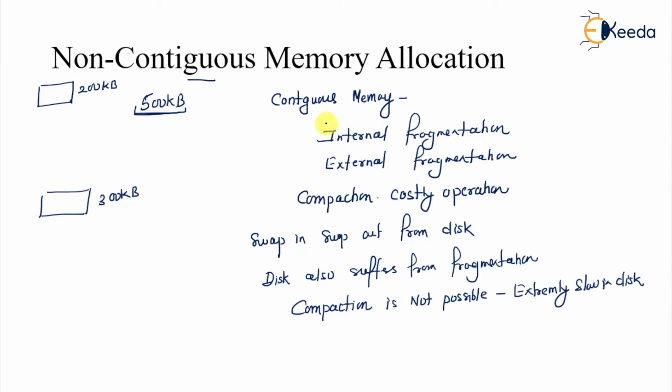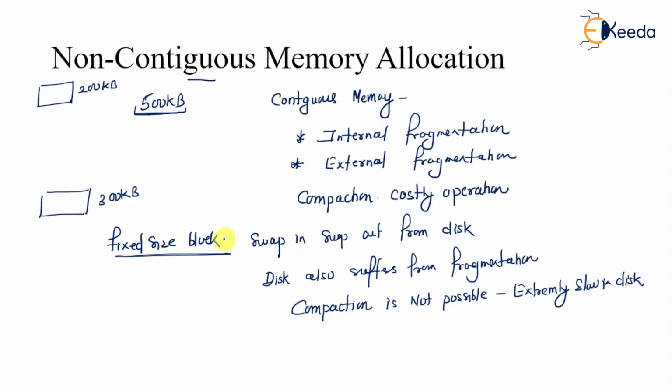For several reasons, another method has been developed. Rather than having contiguous memory allocation, let's divide the entire memory into fixed size blocks.